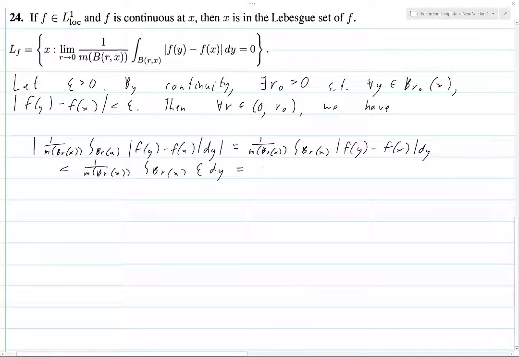And so if we bring this epsilon out, then we get epsilon times this thing, which is just, if we remove that epsilon, we integrate over the ball of radius r, and we get the measure of the ball of radius r. And so this is equal to epsilon times m(B_r(x)) over m(B_r(x)), but that's clearly just 1, so that's just equal to epsilon.